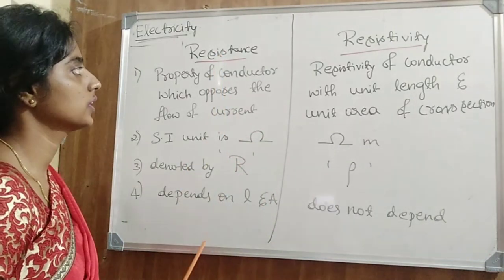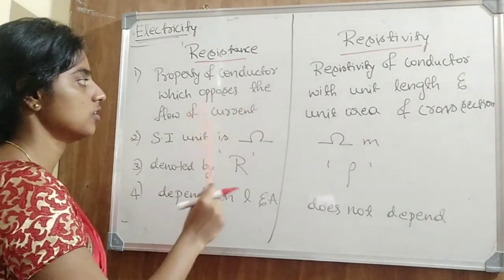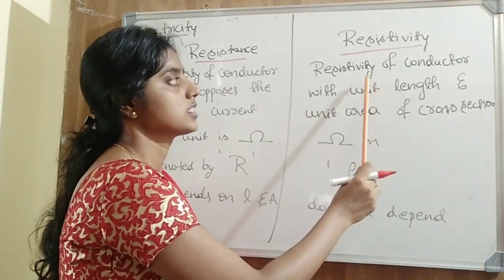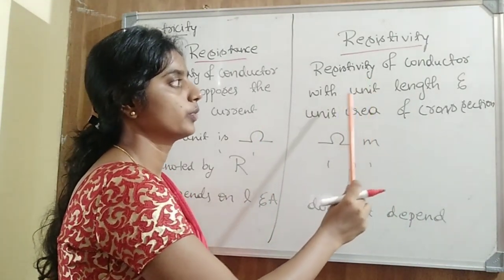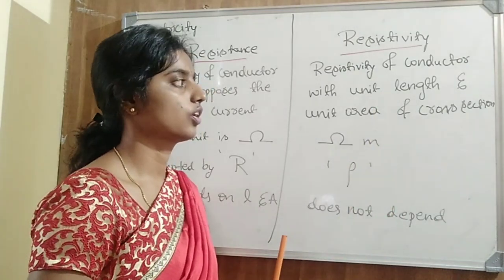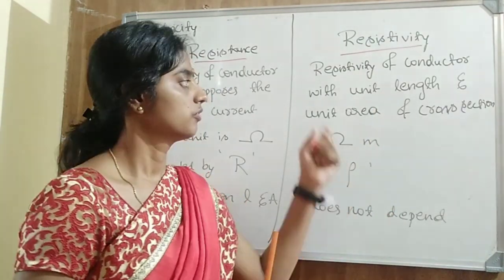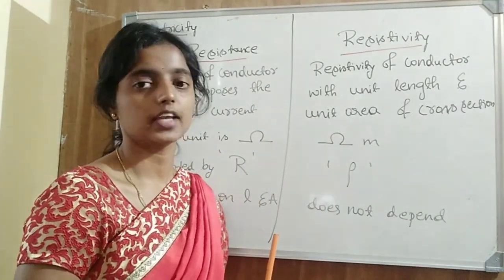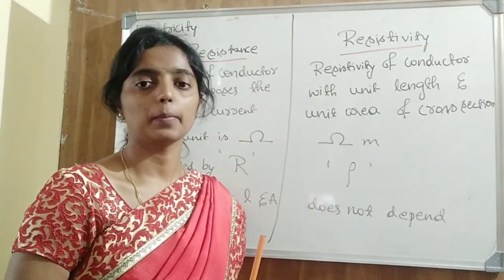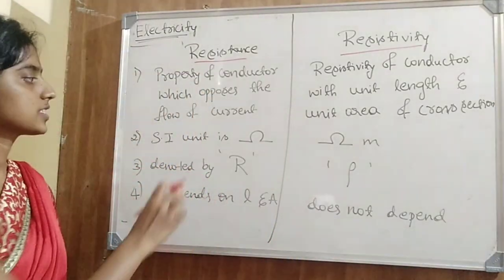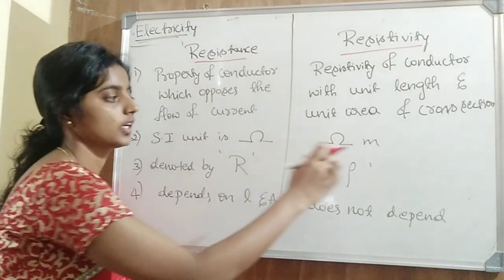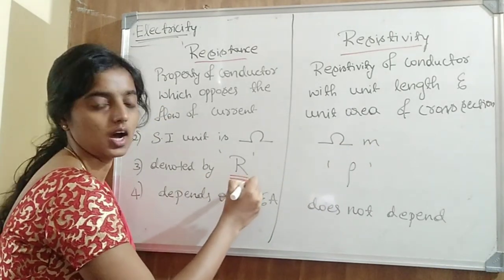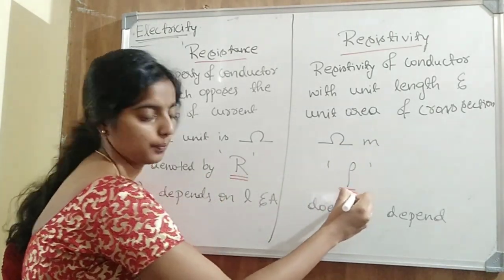Resistance is a property of a conductor which opposes the flow of current, whereas resistivity is a property of a conductor with unit length and unit area of cross section. We need to define resistivity using its formula, that is R is equal to rho into L by A. The SI unit of resistivity is ohm meter, and it is denoted as rho.